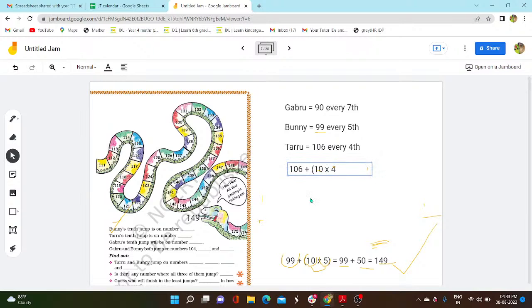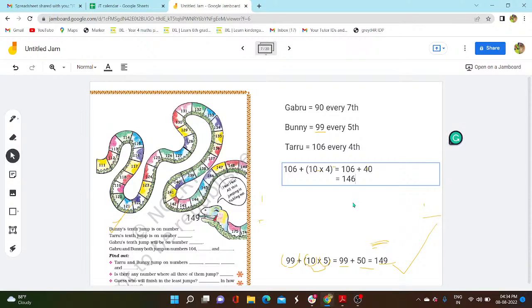So this is how we do it. Now we have to do 106, add 10 times 4 is 40, which is equal to 146, right?